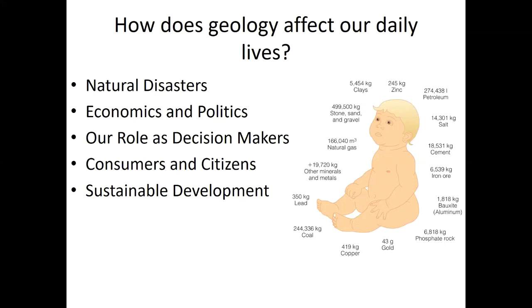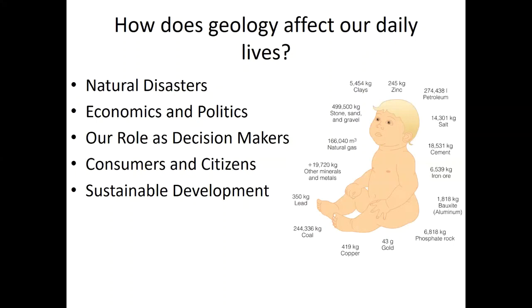We're also dependent on the resources that the Earth provides, finite resources. That's something that sometimes we lose sight of, that these resources are often finite. Some of them are not, but a lot of them are finite, which is important. And that has an impact on economics and politics, right?